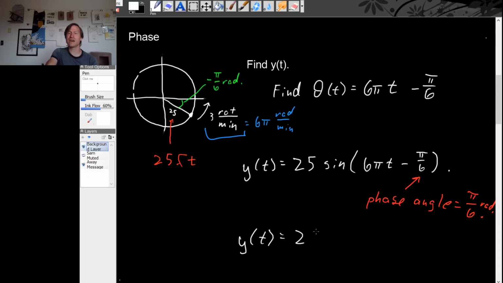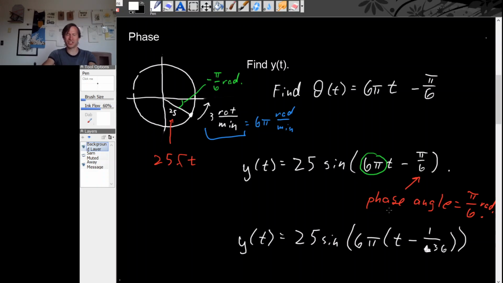And the trick to do that is, inside your sine function, just factor out the angular speed here. So if we factor out 6 pi inside of our sine function, then we have 6 pi times t minus, and so the pi factors out, you're left with a 1 in the numerator, and we need an extra copy of 6 in the denominator, so 6 times 6 is 36.